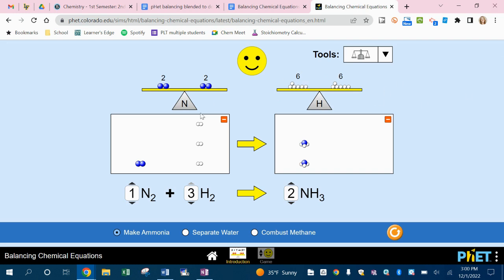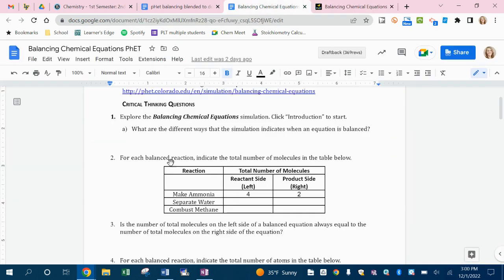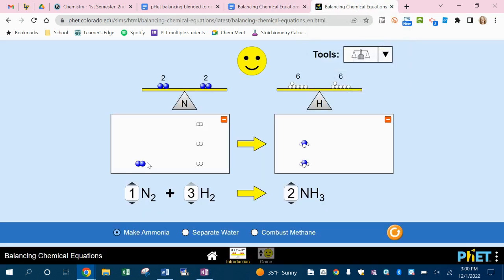So you're going to do this for ammonia. And then number 2 says to indicate the total number of molecules in the table below. It's already filled in for you, but let me show you where these numbers came from. Remember, a molecule is just 2 or more atoms that are covalently bonded together.